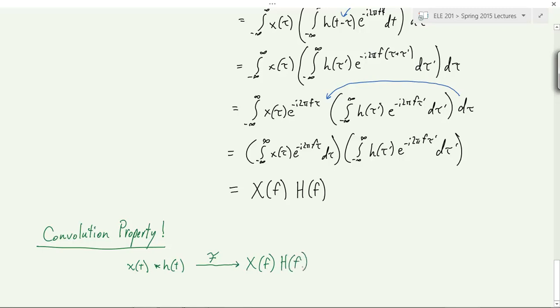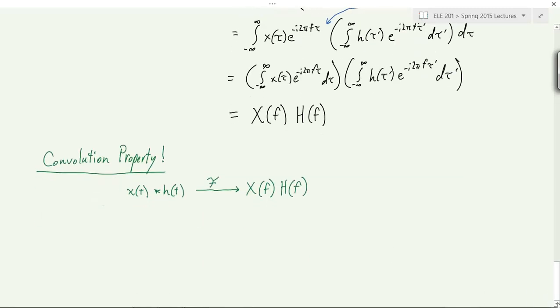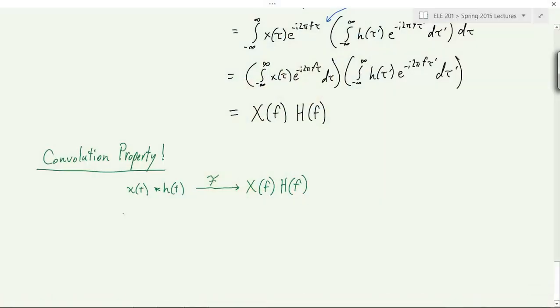Okay, an equivalent way of saying this is that the Fourier transform, this is just an equivalent way with different notation for that same property, equals the Fourier transform of x of t times the Fourier transform of h of t.